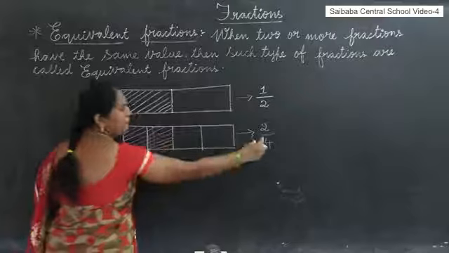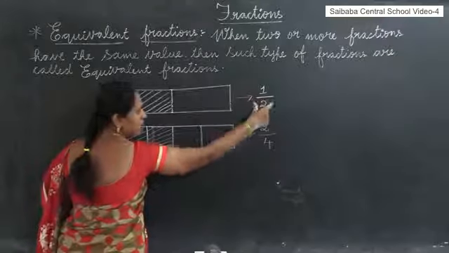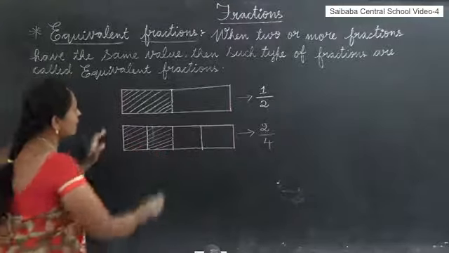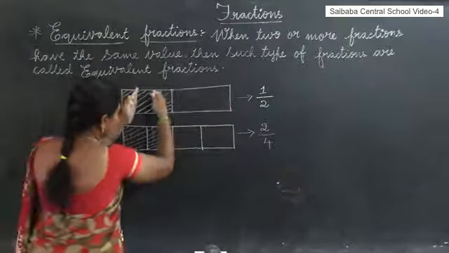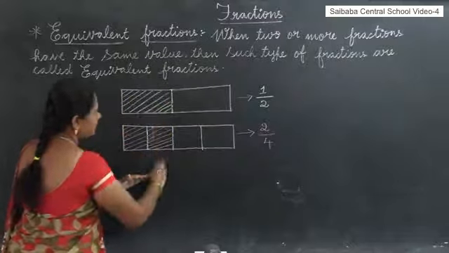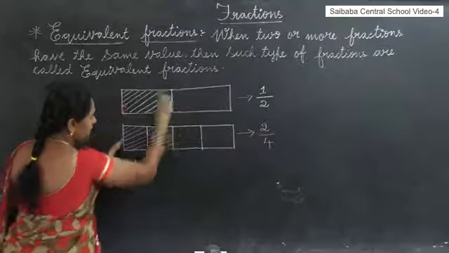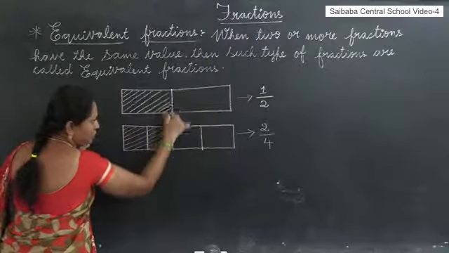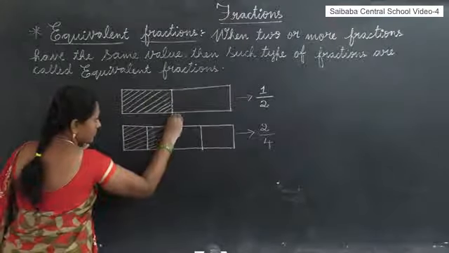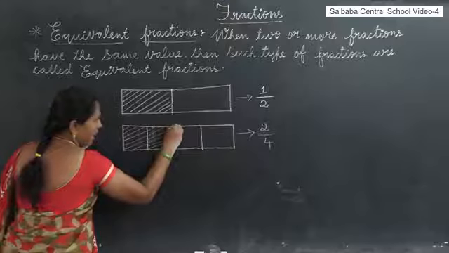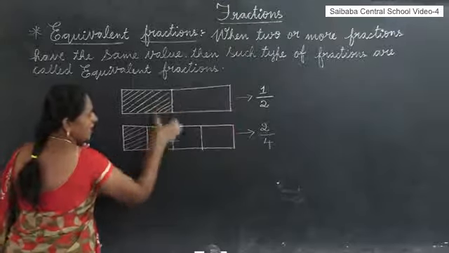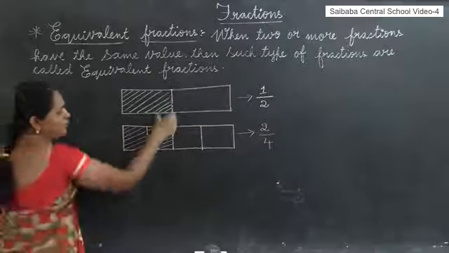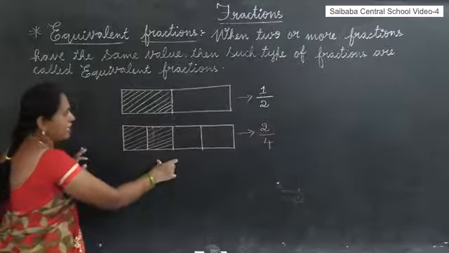If you observe, these two are the same. Observe this area, see this and this. So, this and this are called equivalent fractions.